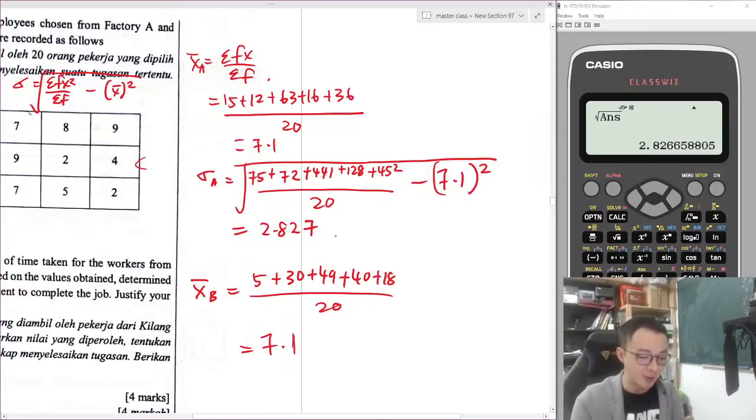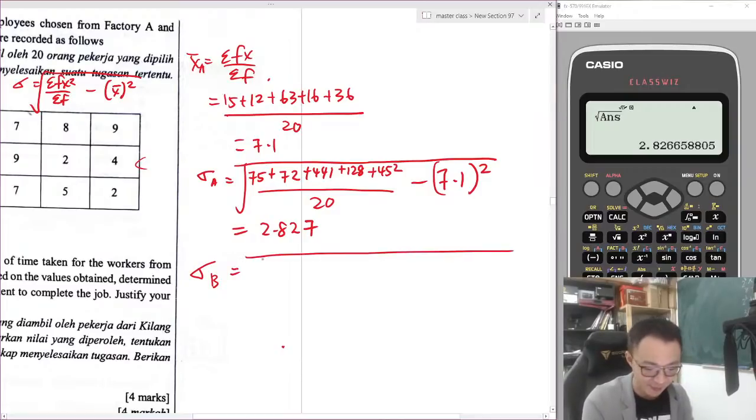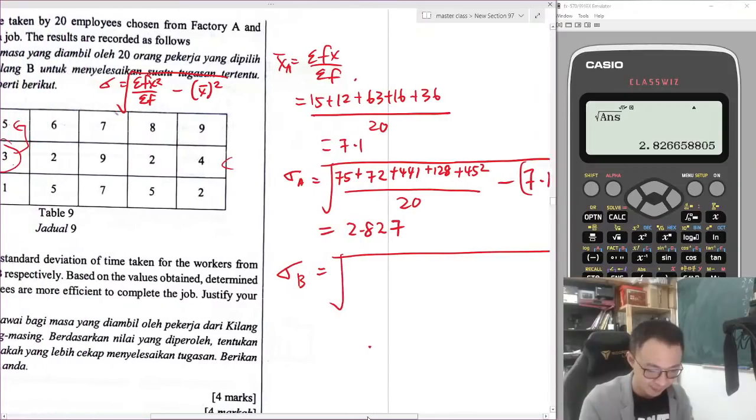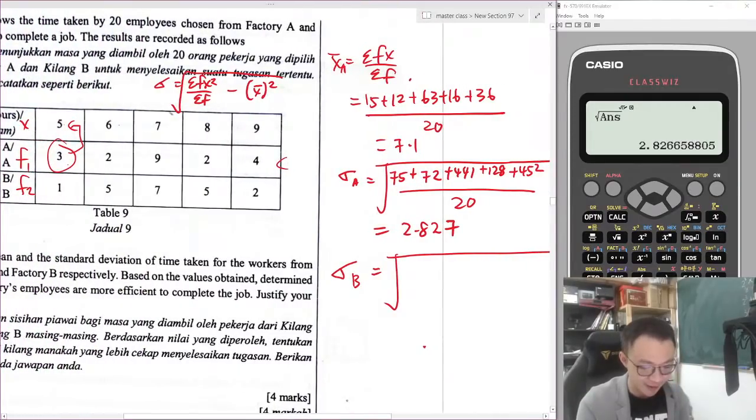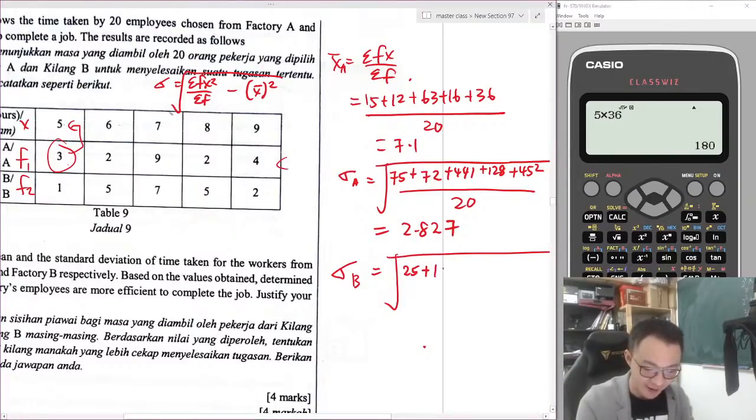Alright, then for the next one, it's kind of crazy here. Let me erase this one, okay? Standard deviation of B. The first one is 25, plus 5 times 36, 180.